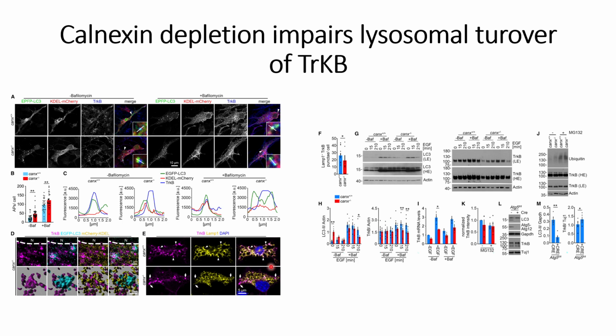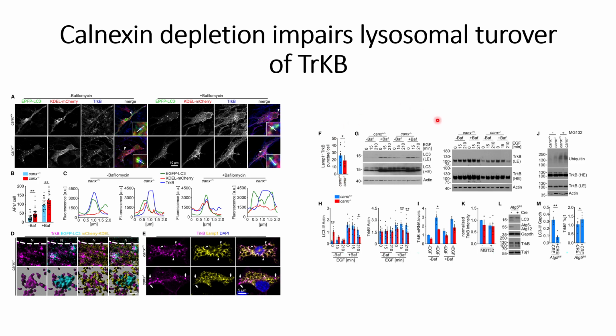Whereas in the Calnexin depleted cells, they can see some TrkBs that are left over. This further indicates that there might be weakened or impaired lysosome effects going on, and this is validated using quantitative analysis, where the overlap of LAMP1 and TrkB is higher in the Calnexin positive cells but lower in the Calnexin depleted cells.